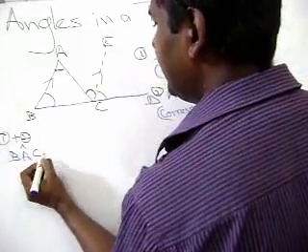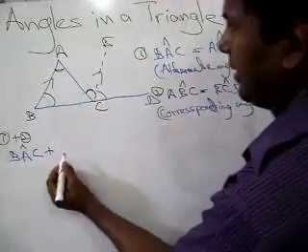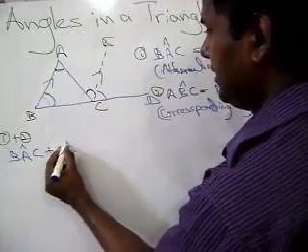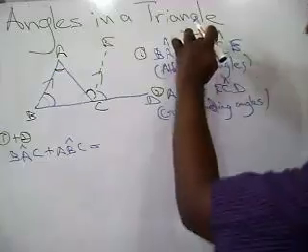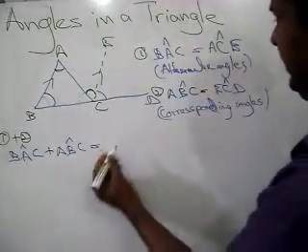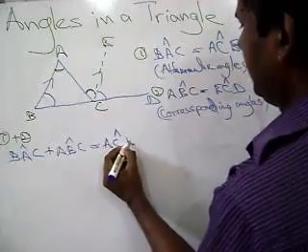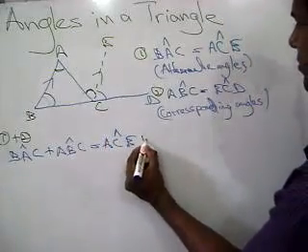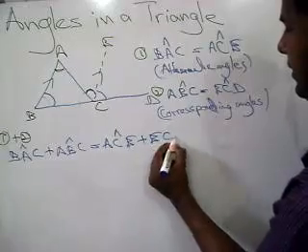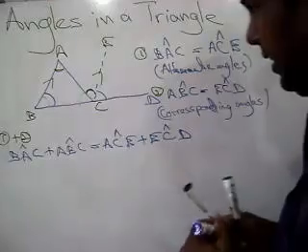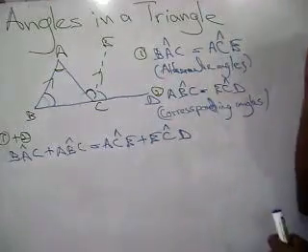BAC plus ABC is equal to ACE plus ECD. Right? So now let's see.